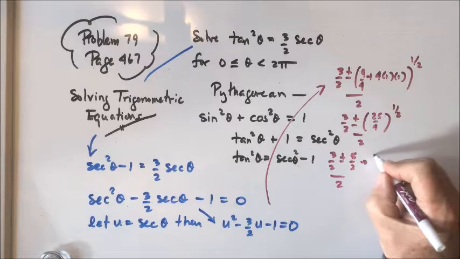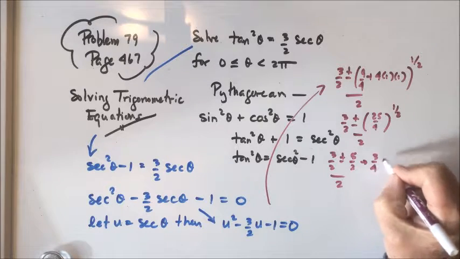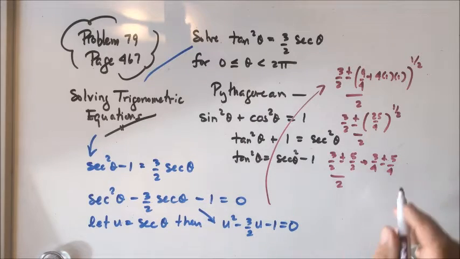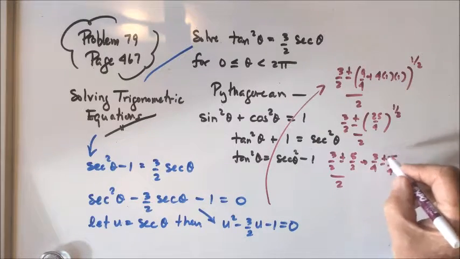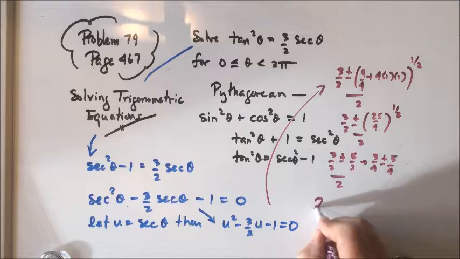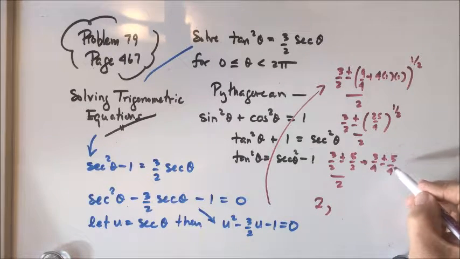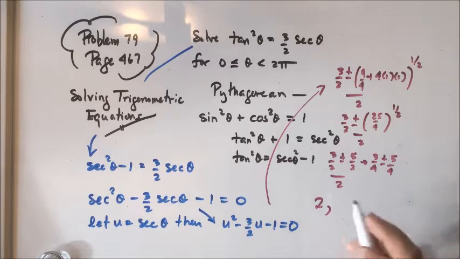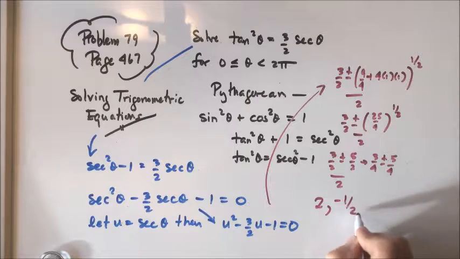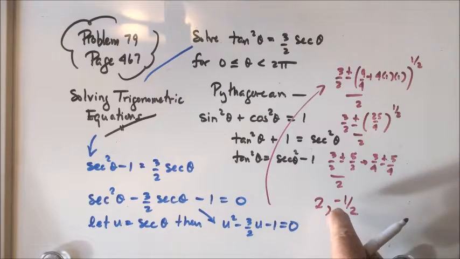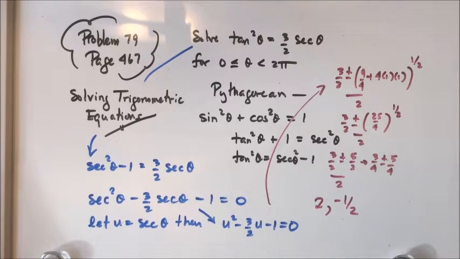This turns into 3/4 plus or minus 5/4. And now I've got two answers. The first one is 3/4 plus 5/4, 8/4, or 2. And 3/4 minus 5/4, or minus 2/4, or minus 1/2. I would like to put a circle on this, but we're not interested in u. We're interested in theta.